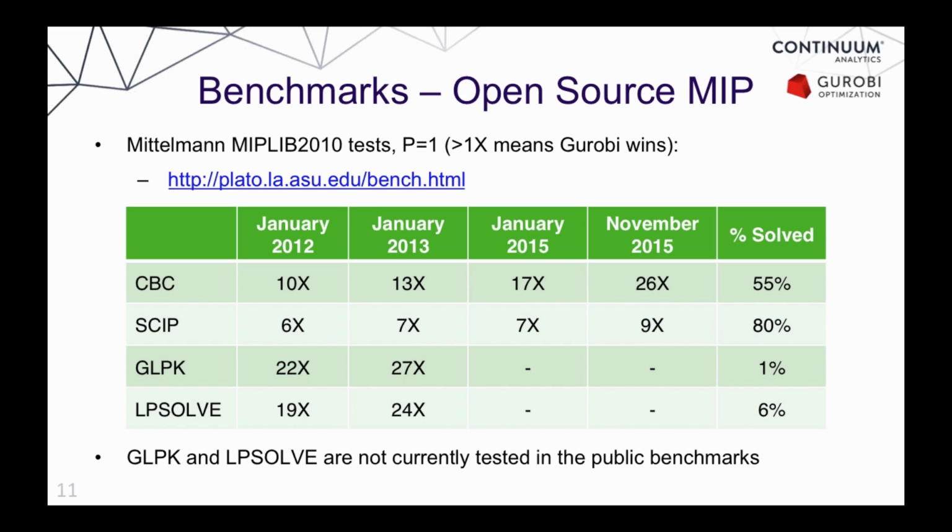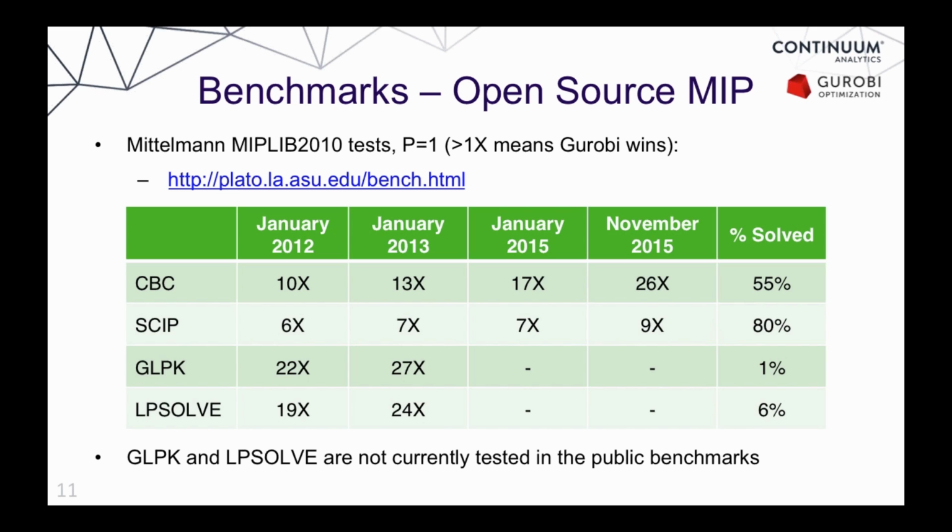These are maintained independently by Hans Mittelmann at Arizona State University, and he runs the competitive benchmark experiments himself. This particular table is based on the MIPLIB 2010 test set with runs limited to a single processor, which is appropriate since some of these solvers don't support parallelism. The ratios in the columns indicate how much faster Gurobi is when compared to a given solver.